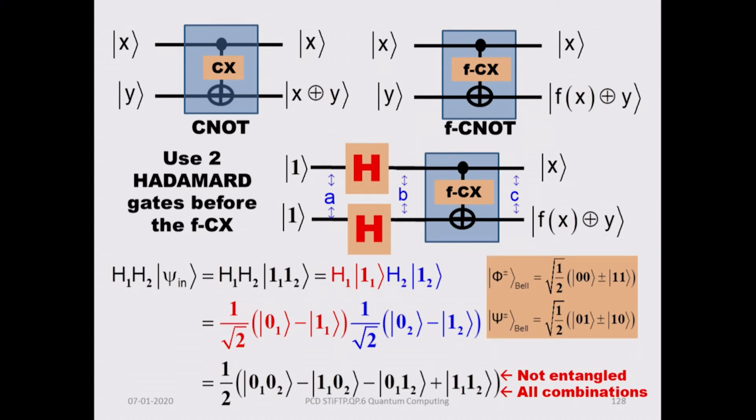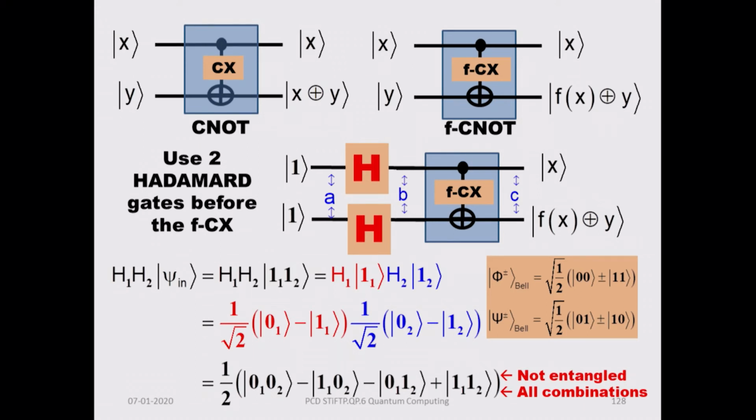You have the combinations 0 0 and 1 1 in the state phi, and you have 0 1 and 1 0 in the state psi, with plus or minus sign in between. But in an unentangled state which is factored, you have got all the combinations: 0 0, 1 0, 0 1 and 1 1. So, there are 4 combinations possible, and all 4 are present in this unentangled state.